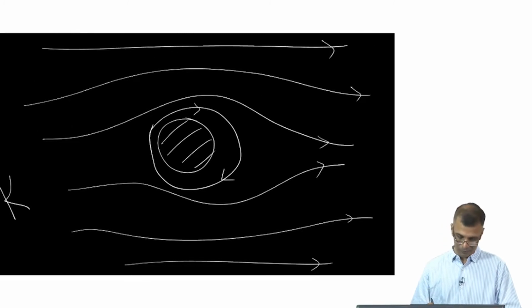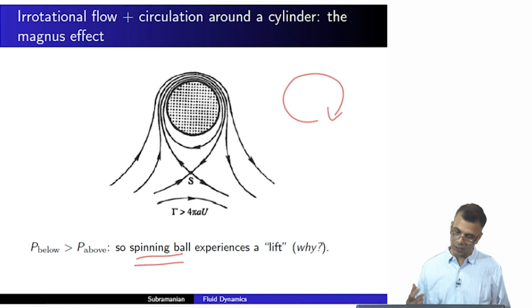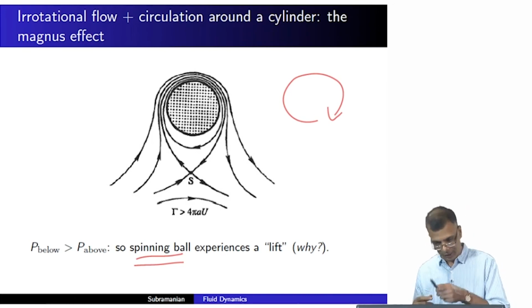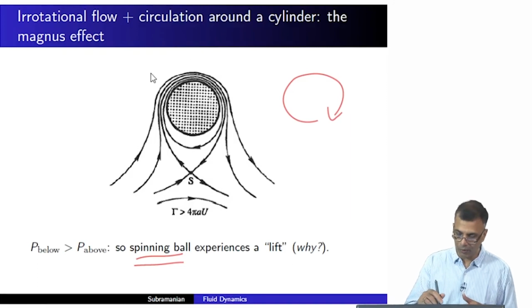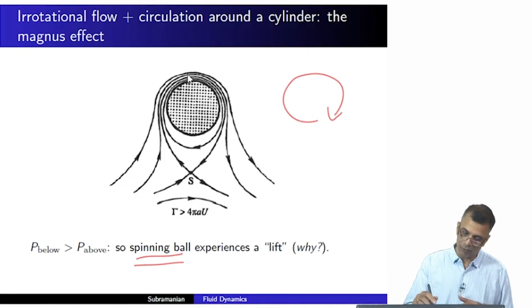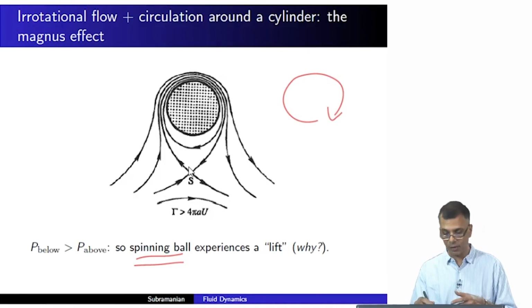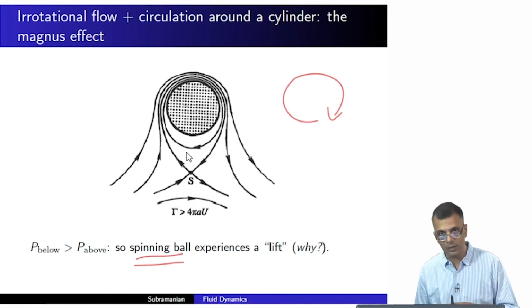So if the ball is spinning, it generates this kind of circulation. If you generate that kind of circulation, then the velocity of air above is larger than the velocity below, and therefore the pressure below is larger than the pressure above, and therefore the ball experiences a lift.